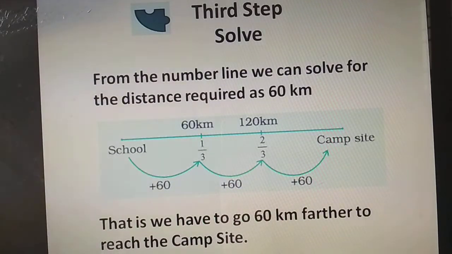This is what we can infer from the figure. What we can conclude is that we have to travel another 1/3 of the total distance. 1/3 on the number line represents 60 kilometers. So the answer is we have to go 60 kilometers further to reach the campsite.